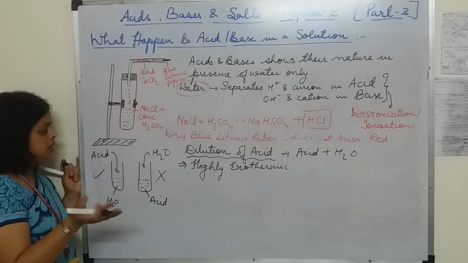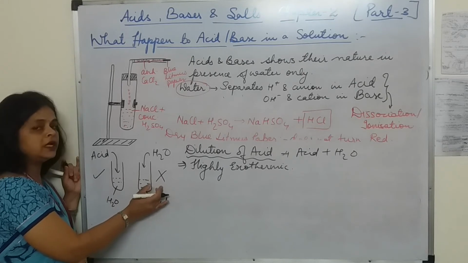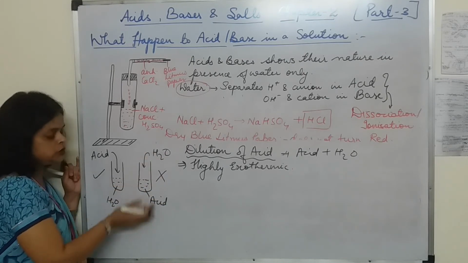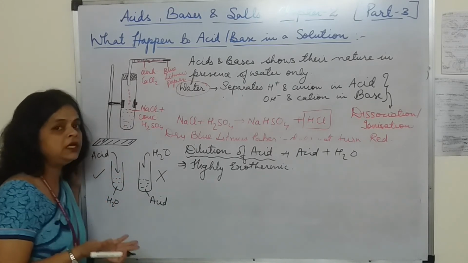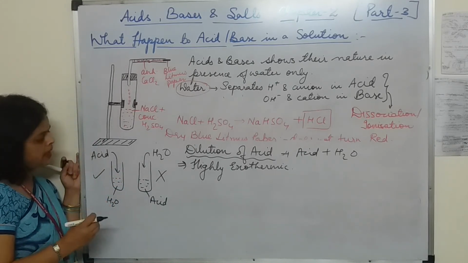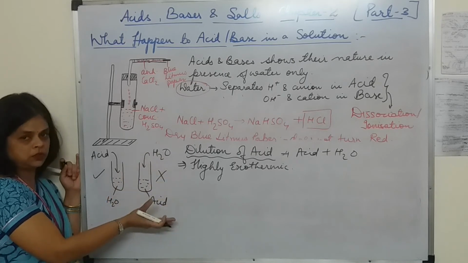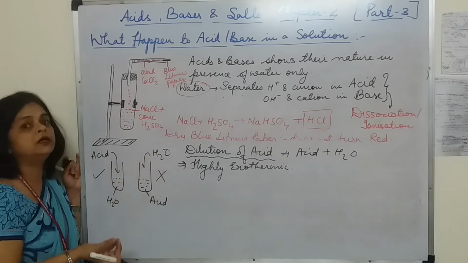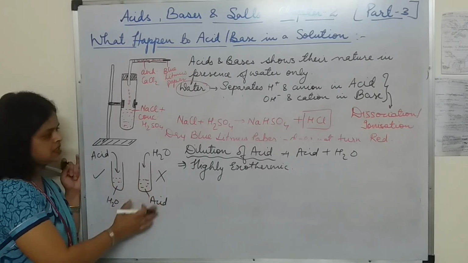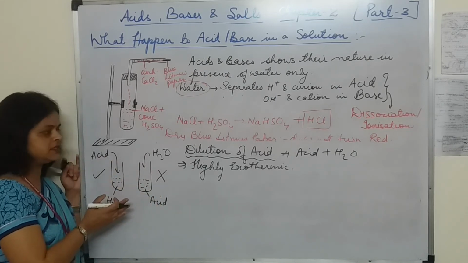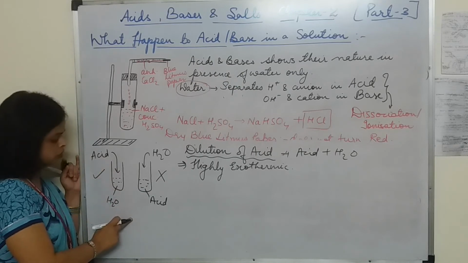If you add water to the acid, suddenly a large amount of heat will be generated, and because of that the solution will splash out. Because of that it can cause burns also. The test tube can break. So if we have to dilute an acid, the acid should be added to water.